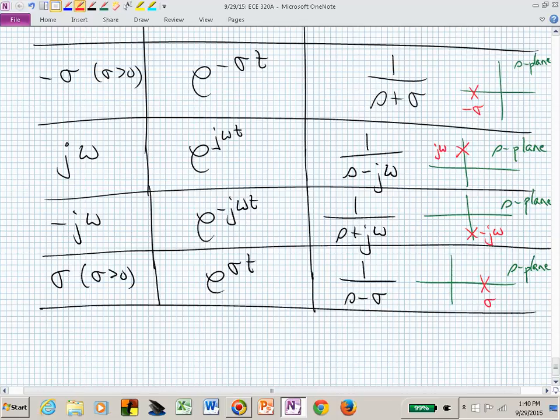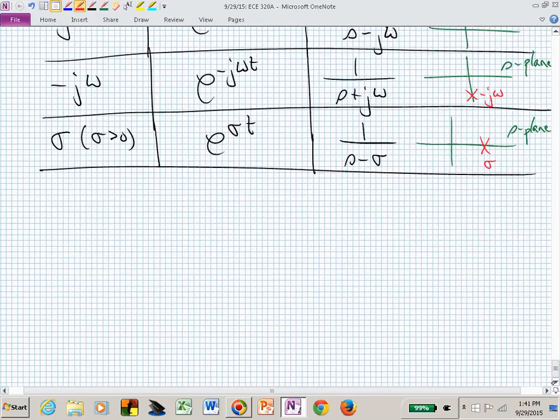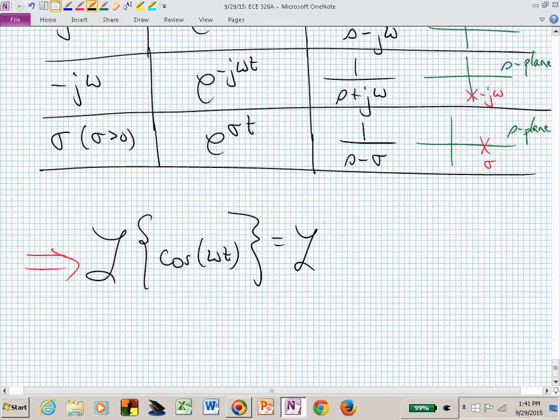We now know the Laplace transform of an exponentially decaying waveform, e to the minus 2t. That's 1 over s plus 2. We have e to the j omega t and e to the minus j omega t, but Euler is going to come to the rescue now, or we now can rewrite cosine. We can now say that the Laplace transform of the cosine omega t, I can rewrite that as a combination of complex exponentials.